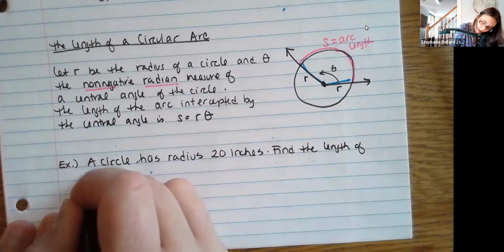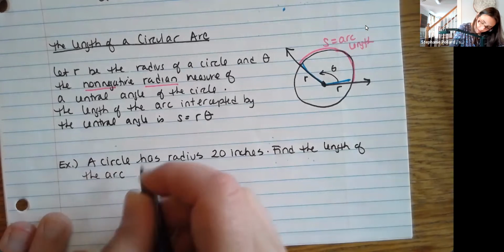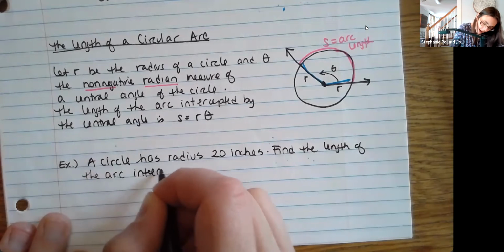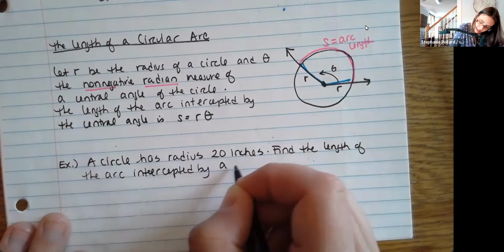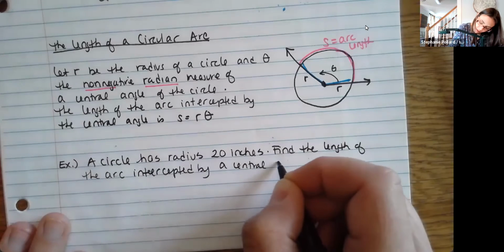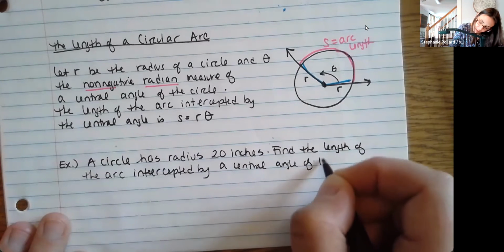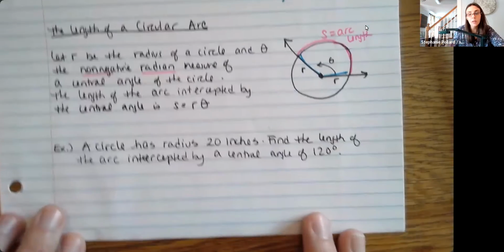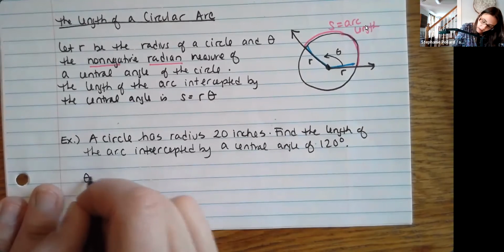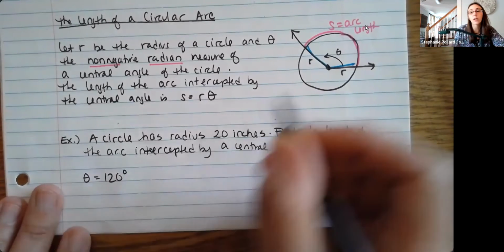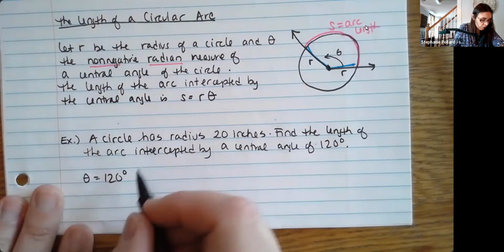Find the length of the arc intercepted by a central angle of 120. The first thing to note here is that our theta is 120 degrees, but this formula works with radians. So I do have to change this over.